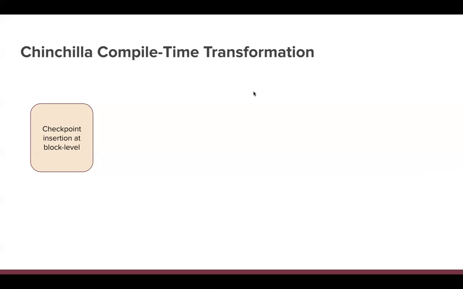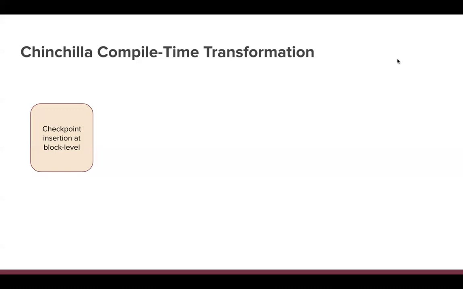So at compile time, the checkpoint in the program code is inserted at block level. Now these blocks are called energy blocks in Chinchilla, and Chinchilla chooses the basic block level as the energy block level for their implementation, since they assume that a basic block is the atomic level of checkpointing for their operations.